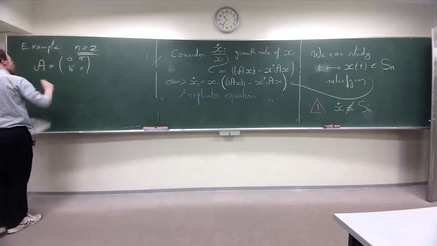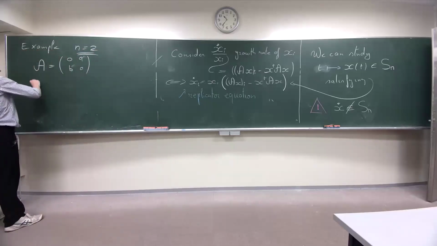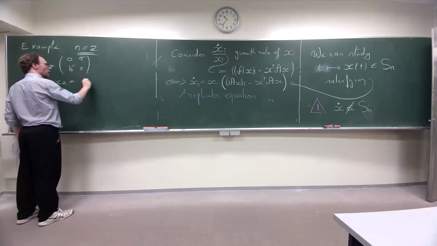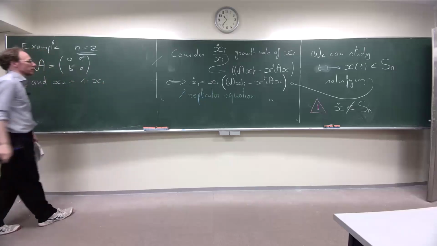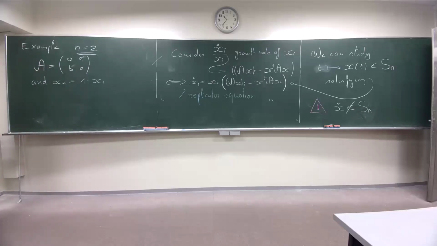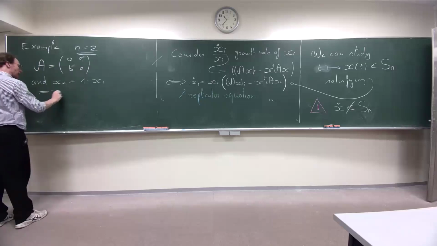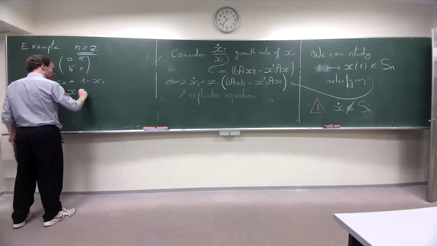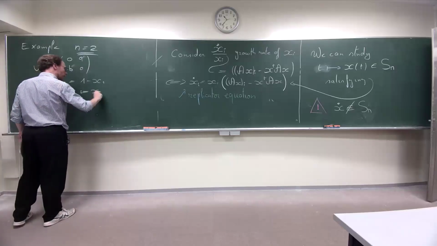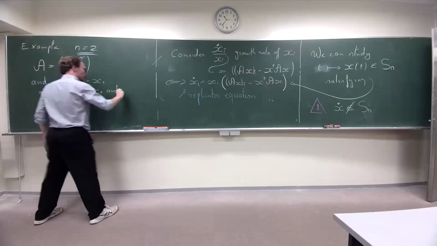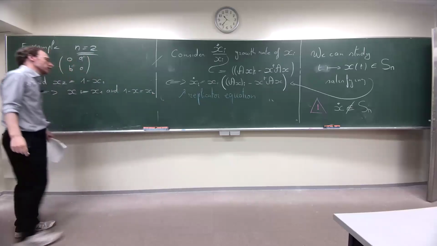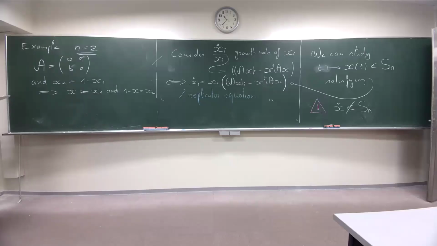So if we take this and now we consider x2, of course, x2 has to be 1 minus x1 because the sum of x1 and x2 is 1. So I can just write x for x1, and then 1 minus x is x2. I just simplify the notation.